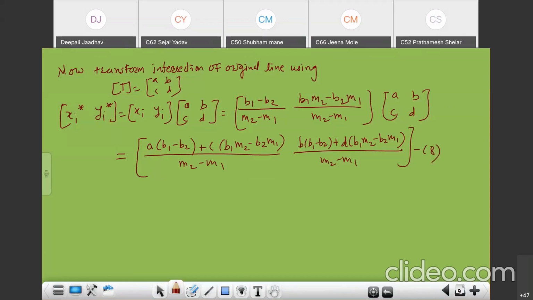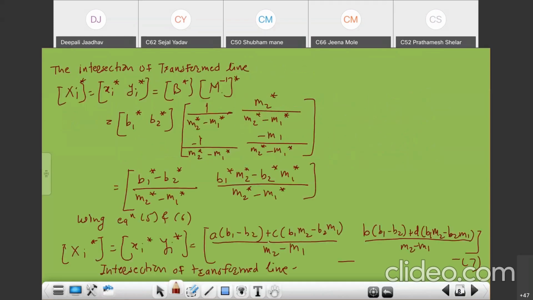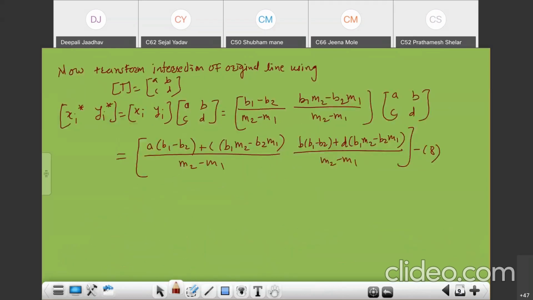What is this? This is the transformation of the intersection point of the original lines. And observe this equation number 7 here. What is this equation? This is the intersection of the transformed lines, and both are the same. It indicates that from equations 7 and 8, they are identical.